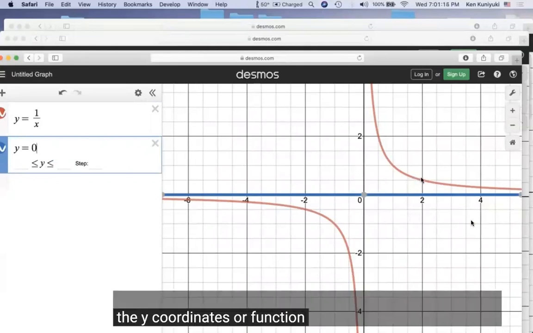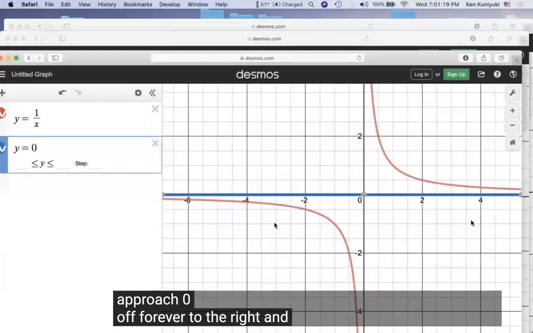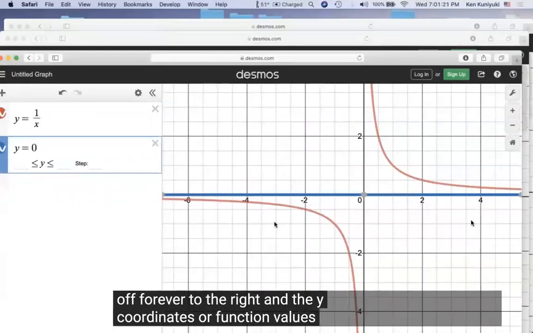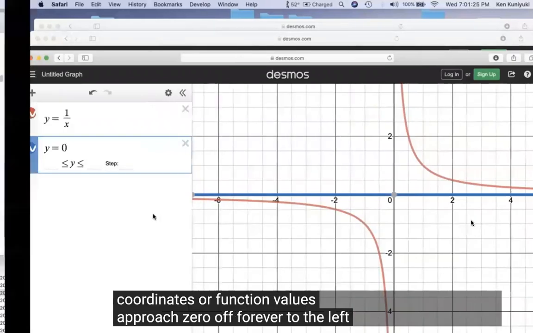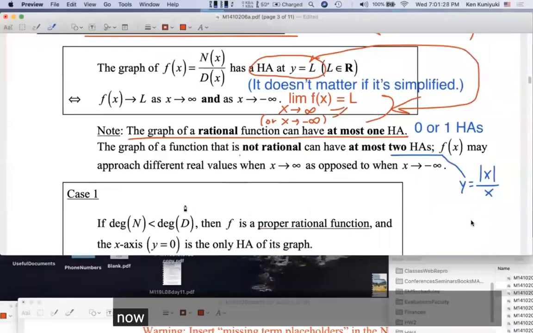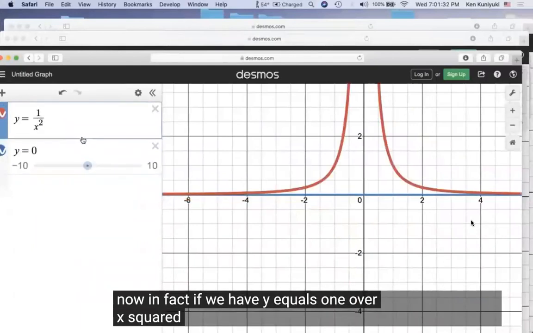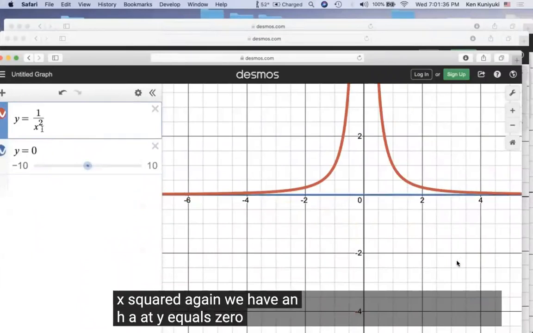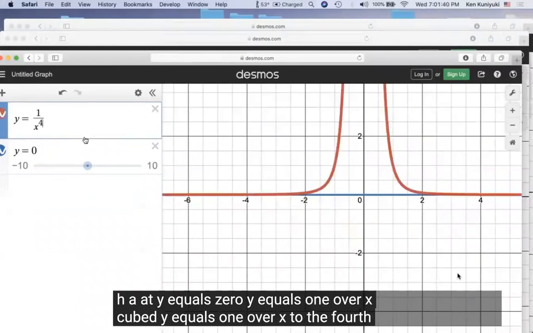The y-coordinates or function values approach 0 off forever to the right, and the y-coordinates or function values approach 0 off forever to the left. Now, in fact, if we have y equals 1 over x squared, again, we have an HA at y equals 0. Y equals 1 over x cubed. Y equals 1 over x to the fourth.